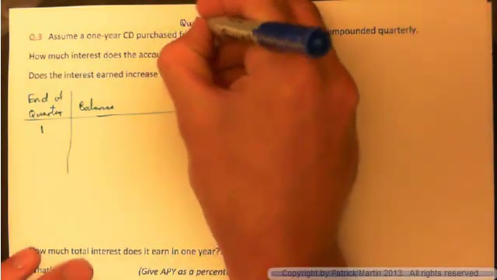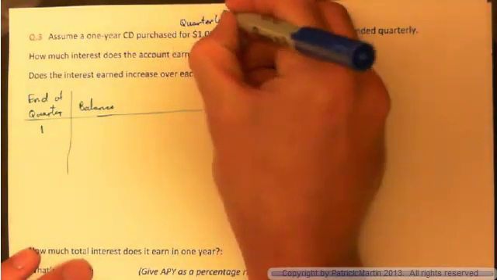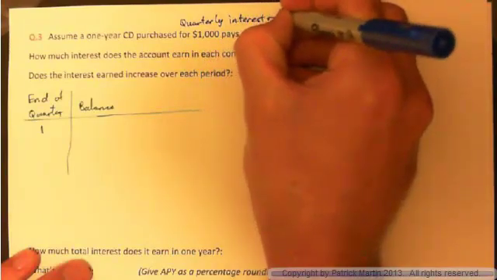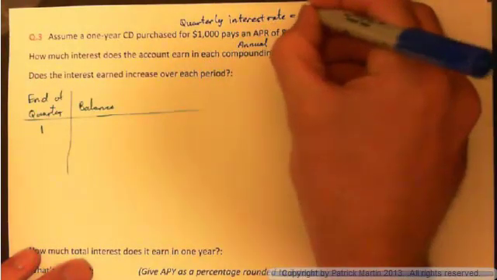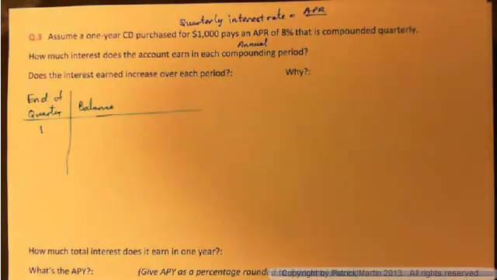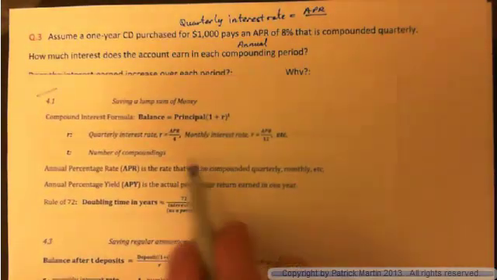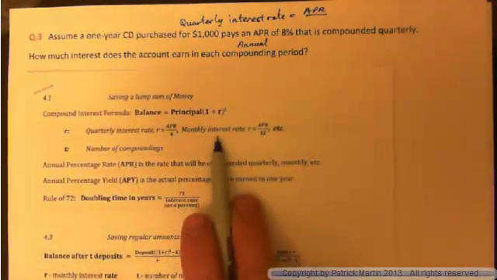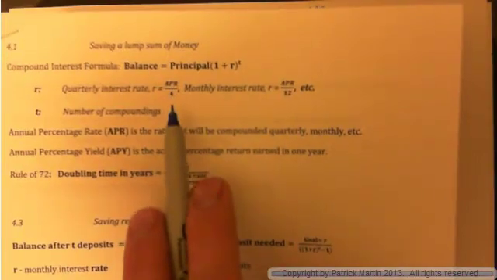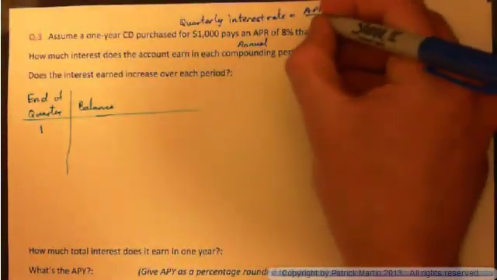So what we need is a special quarterly interest rate, which is the annual percentage rate divided by, and if you look at your formula, for monthly compounding you've got a monthly interest rate, which is APR divided by 12. For quarterly it's APR divided by 4, because it's 4 times per year.